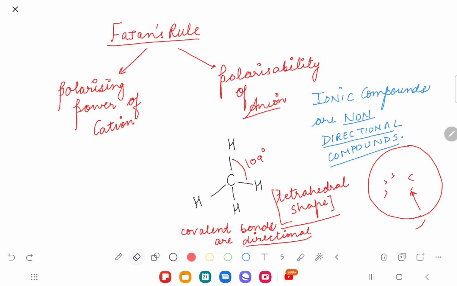Now, polarizing power, Mark, we always discuss for that of the cation. Let's take an example, Mark. We have Na, and it could be any metal atom because metals lose electrons to form cations, right?